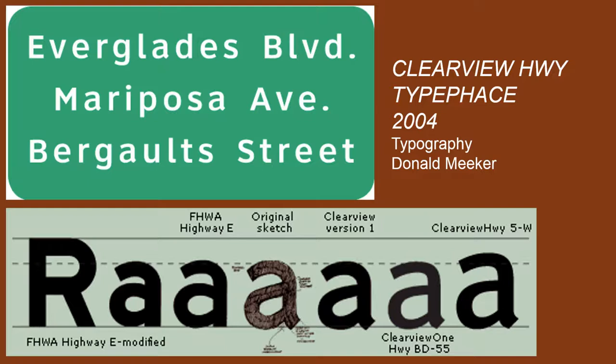The FHWA Highway E Modified is what we were using before, and the Clearview 1 Highway BD55 on the right-hand side is what we use now. The x-height of the new character A is taller than before, so the contrast between the capital letter R and the lowercase a is not that much. They're almost the same height.